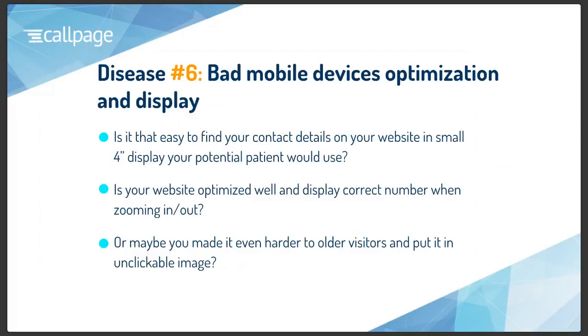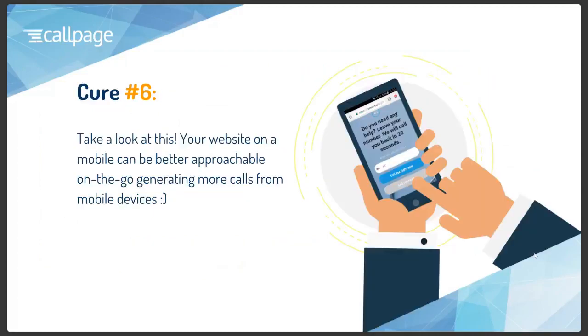So here our application comes with a solution, and actually it's pretty important to make it easier for elderly people to notice contact details. So here it is. Yeah, it's really simple. Our app works on mobile devices. So we adjusted it.